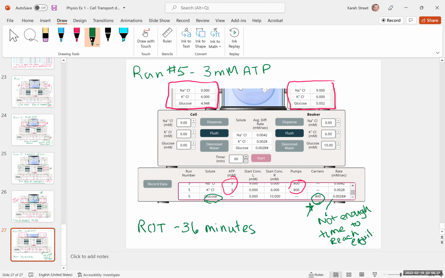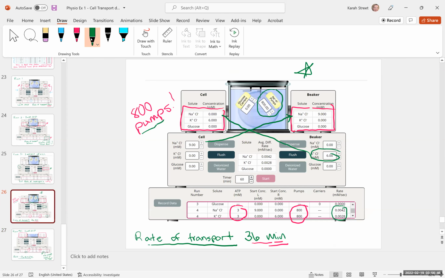And we were using 10 millimolar glucose. And you'll notice that when the system timed out, it timed out on us at 36 minutes. That's the same thing that we saw for the sodium potassium movement in run number 4. So this was run number 4.